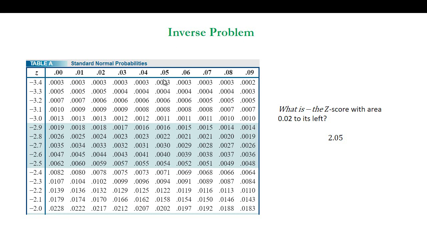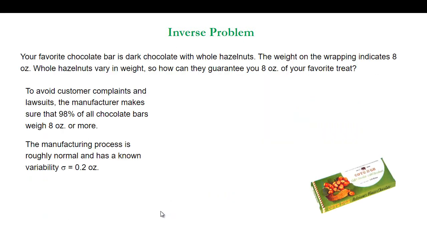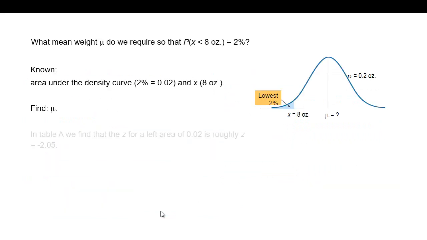So the area to the left of negative 2.05 under the standard normal distribution curve is 0.02. We know that the z-score with a left area of 0.02 is roughly negative 2.05.